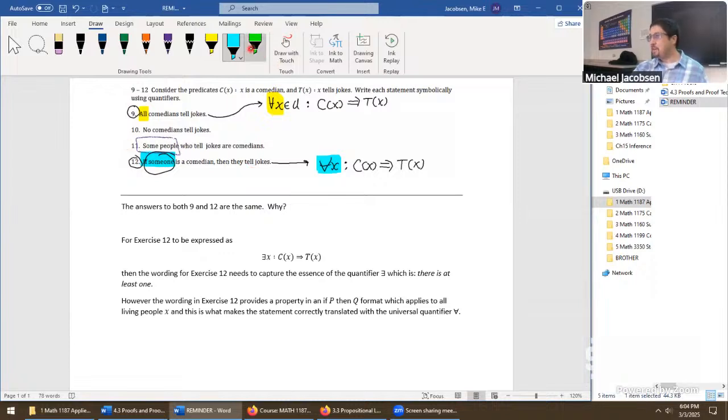If you go this way, some people, this one is directly saying we're dealing with an existential quantifier. There exists at least one person, or some person satisfies the property. Some people who tell jokes are comedians, so C of x implies T of x.